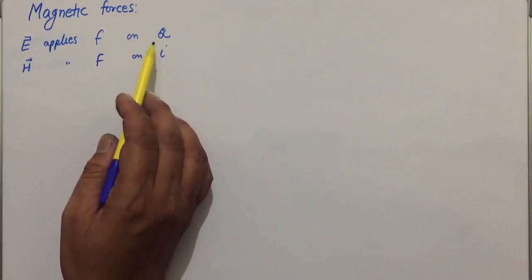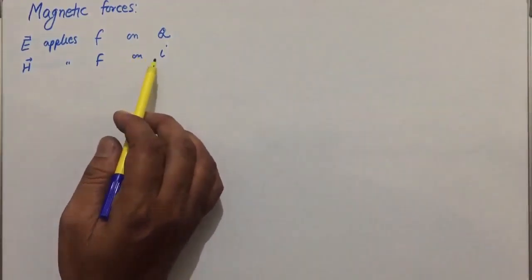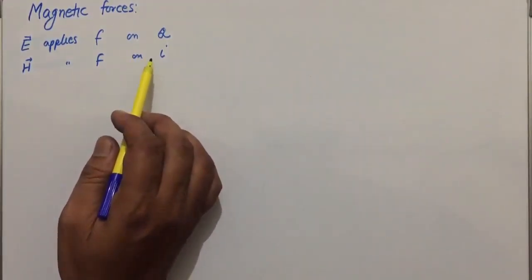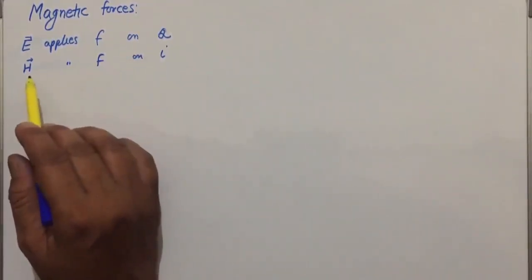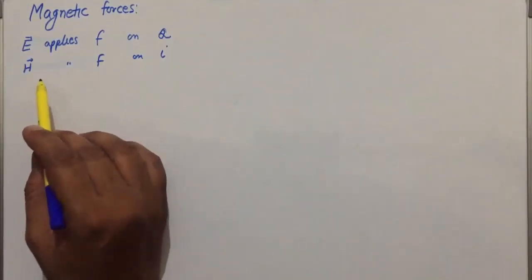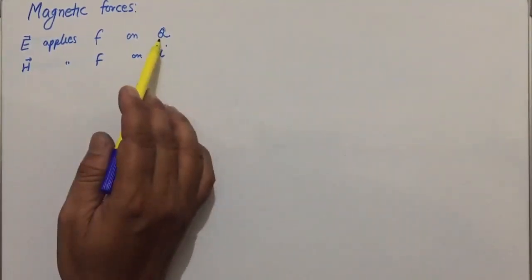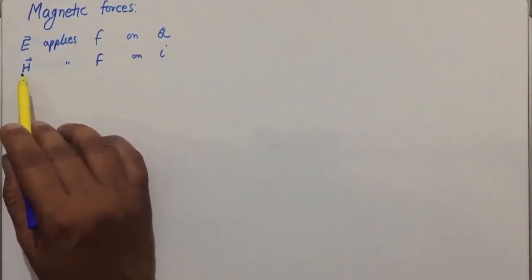If a charge is moving in a magnetic field, that causes the flow of current, so due to the current it will experience a force. That is why a moving charge experiences a force inside the magnetic field.